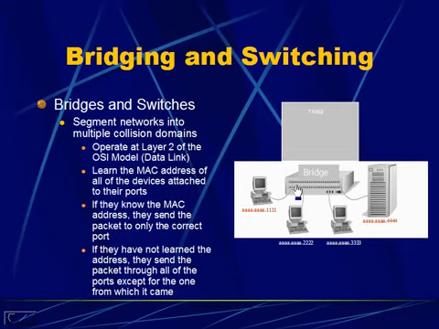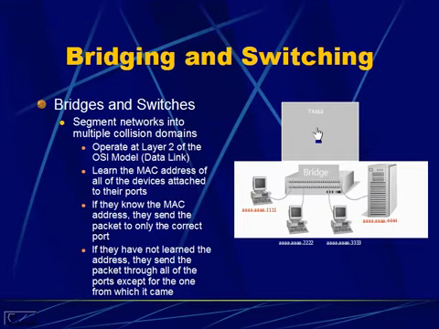So what the bridge does is it says, okay, well, the source was 1111. The destination is 4444. So what I need to do is to look at my table and determine whether I have a destination 4444 and a particular port for that destination.